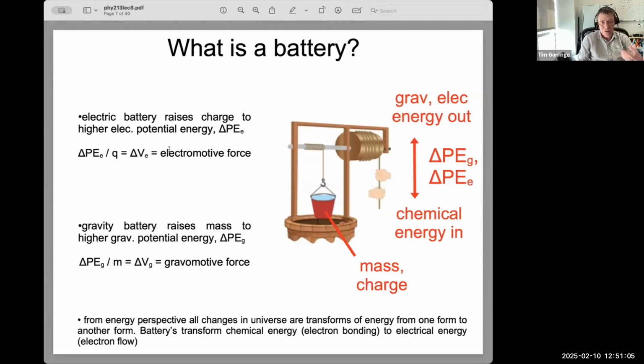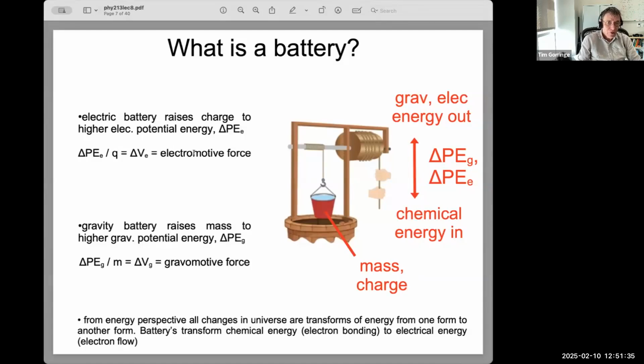Electromotive force just means that electricity is providing some energy for the motion of electrons around the circuit, falling downhill as they roll around the circuit. The gravimotive force, as I'm calling it, is just my word for the gravitational force providing some energy to some mass so that it can, say, roll down a gravitational potential hill.